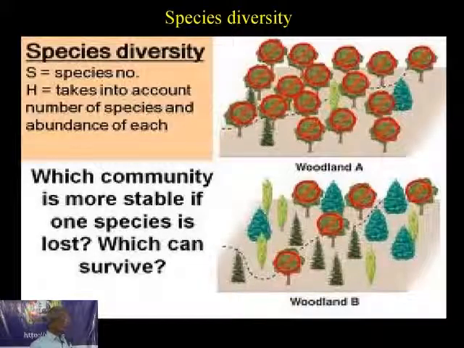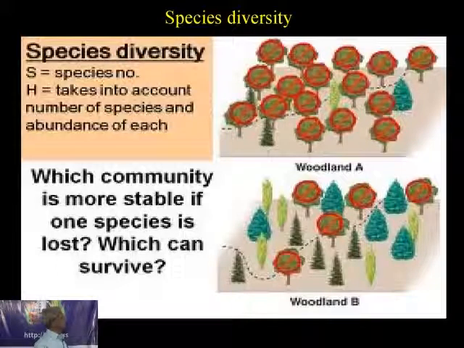Here also, this is species diversity. S is the species number. H takes into account the number of species and the abundance in each category. Which community is more stable? If one species is lost, which can survive in woodland A and woodland B? These are some of the very interesting questions in biodiversity.